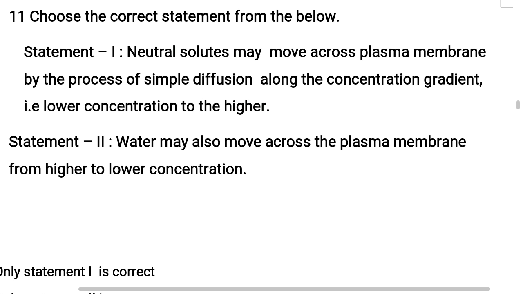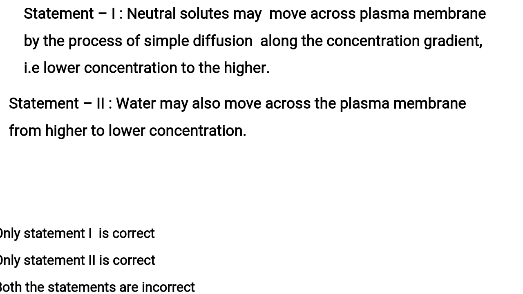When they freely move from higher concentration to lower concentration, that is passive transport and the diffusion process, also known as simple diffusion. So this is completely wrong. If it is from lower concentration to higher concentration, that must be active transport, an energy dependent process. Understand? So statement 1 is incorrect.